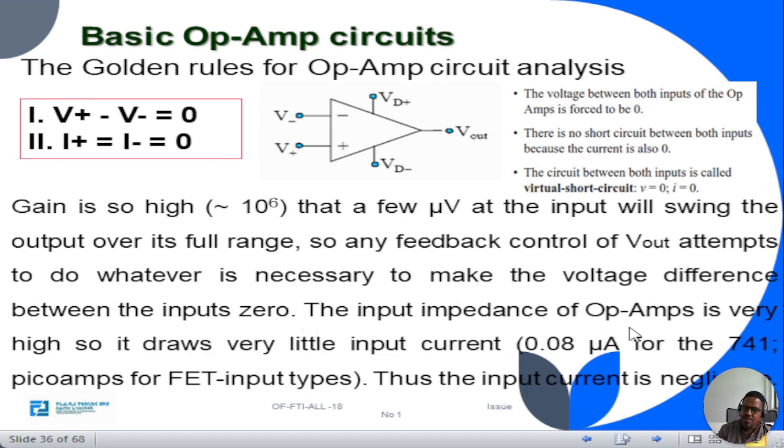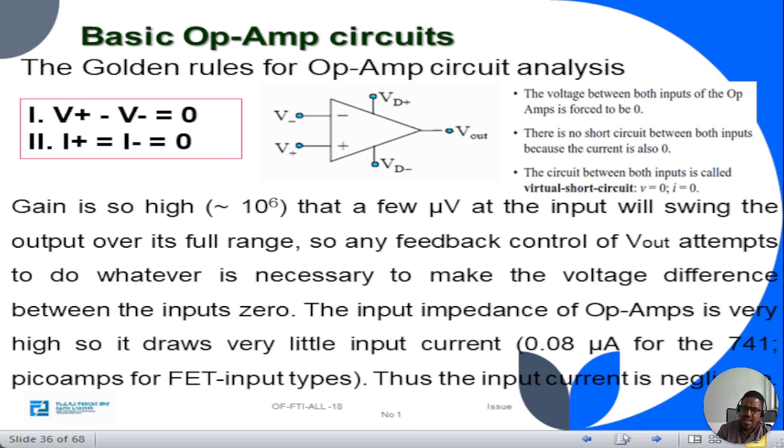The input impedance of an op-amp is very high, so it draws very little input current, that is 0.08 microampere for the 741 type of op-amp, or picoamperes for FET input types. So this input current is negligible.